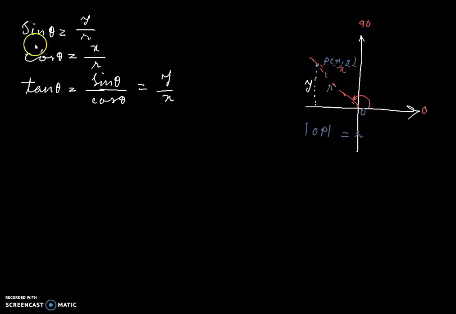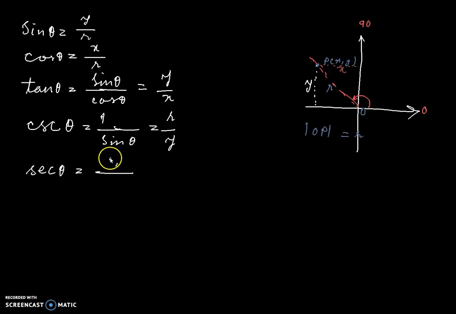You have cosecant, CSC theta, which is 1 divided by sine theta, which is r divided by y, the reciprocal of this. Secant theta is equal to 1 divided by cos theta, which is the reciprocal of this, r divided by x.